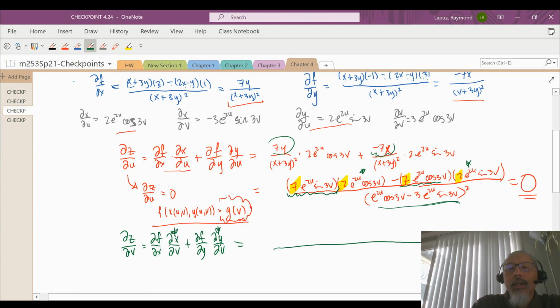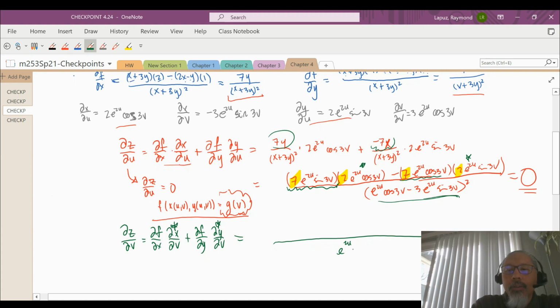So let me write this out first, and we'll start off with the e to the 2u cosine 3v minus 3e to the 2u sine 3v quantity squared in the denominator. And then I'll write my 7y, so 7e to the 2u sine 3v, and then the negative 7x, e to the 2u cosine 3v.